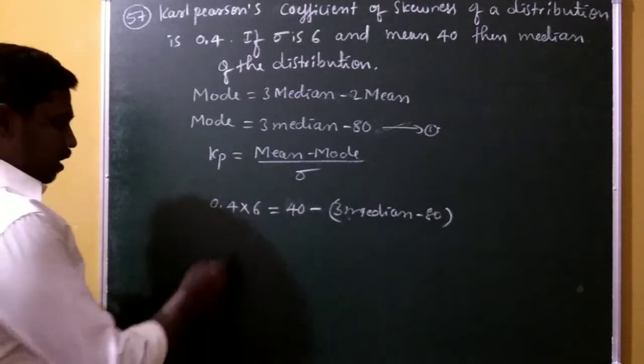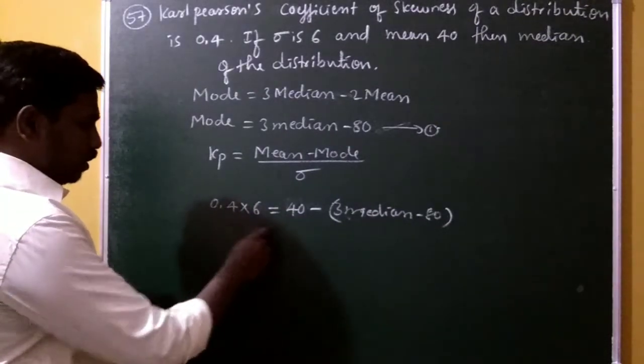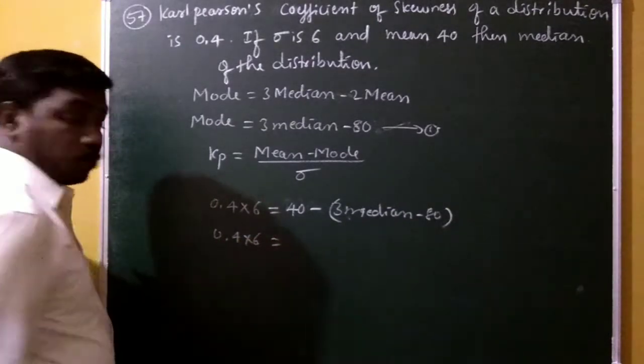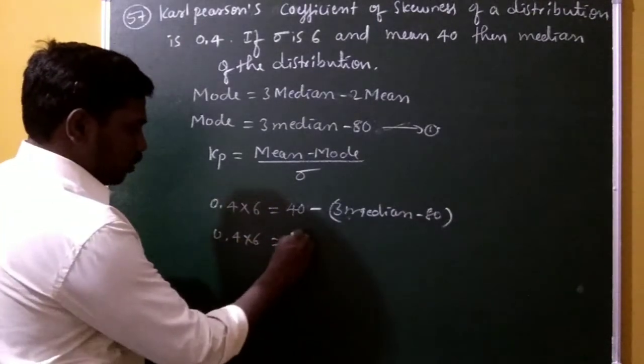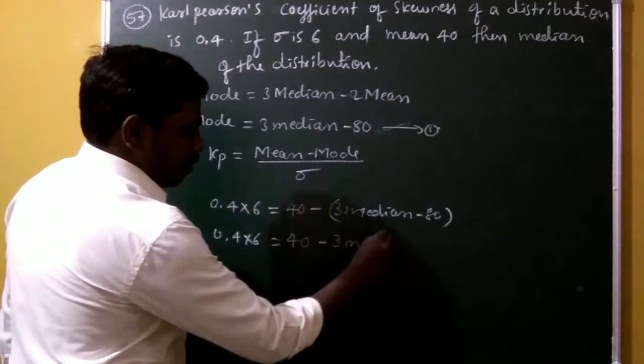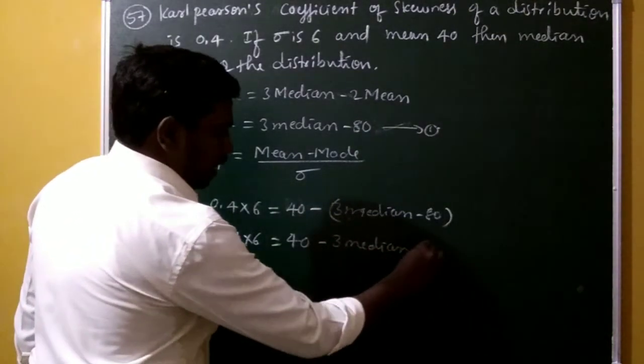So 0.4 into 6, which is 2.4, is equal to 40 minus 3 times median plus 80.